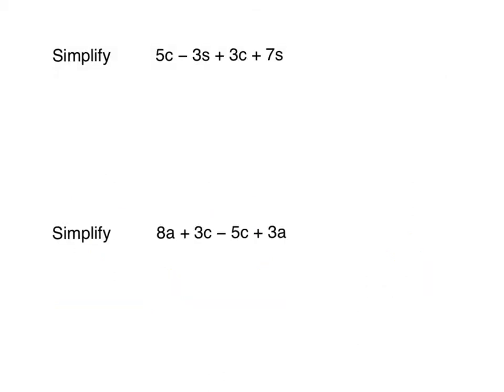Let's have a look at these two questions in a similar way, but they involve negative numbers, so let's be careful. So I'm going to put circles around my c's, including the sign in front, remember. And I'm going to put squares around my s's, again including the sign that's in front.